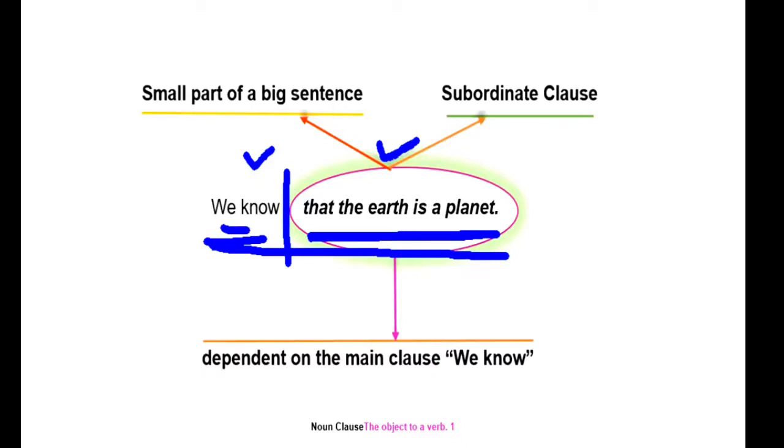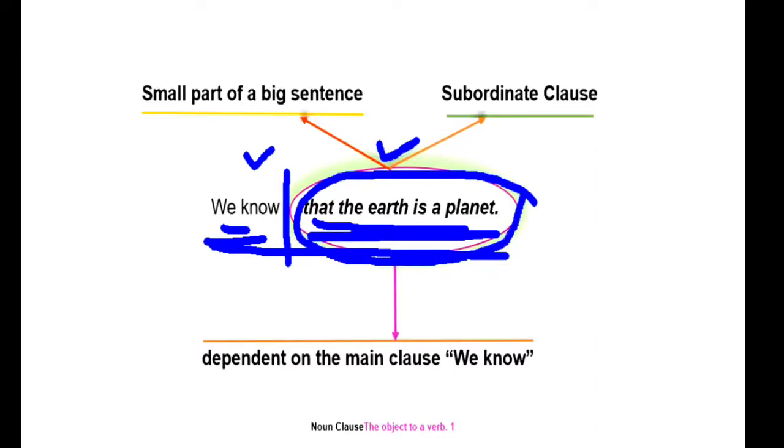We know, this clause is totally independent. That means we do not need any other words or sentences to clearly express its meaning. But if we say "that the earth is a planet" and do not say anything more, then this part will be incomplete. This is a small part of a sentence, but this sentence is not completed.